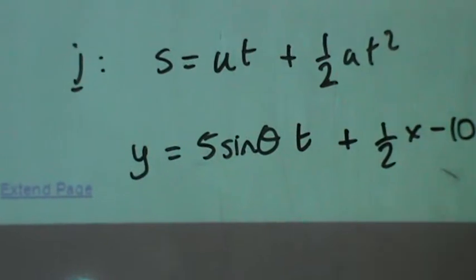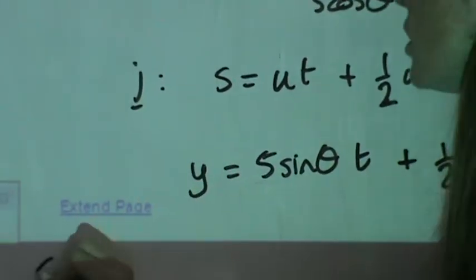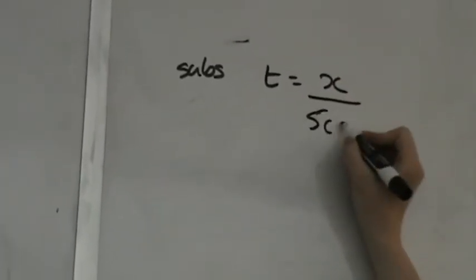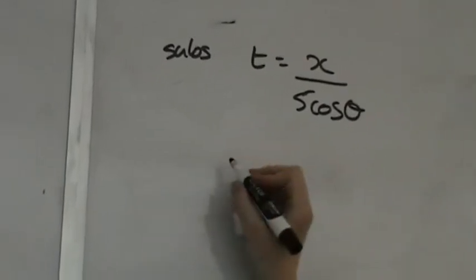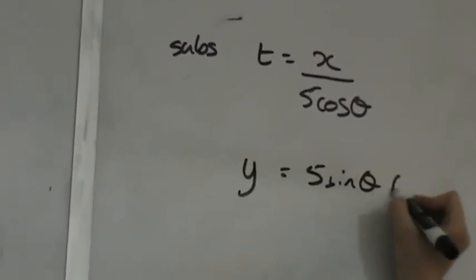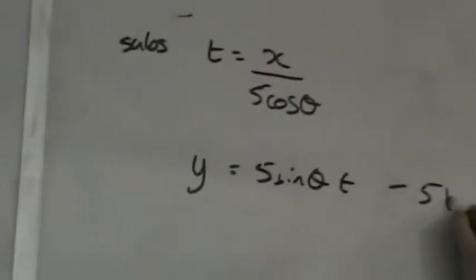So let's substitute in. I'm going to start writing up here so you can quickly see. We're going to substitute t is equal to x over 5 cos theta into y is 5 sine theta t minus 5t squared.